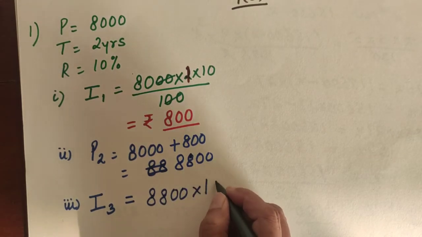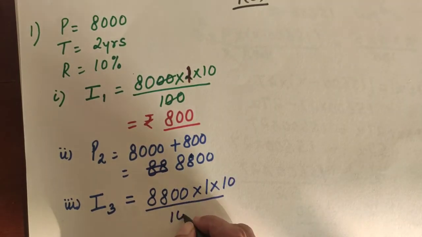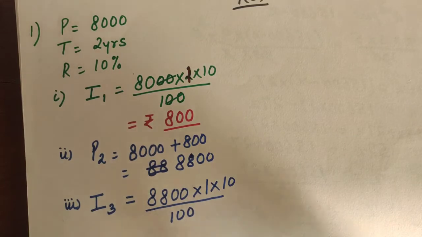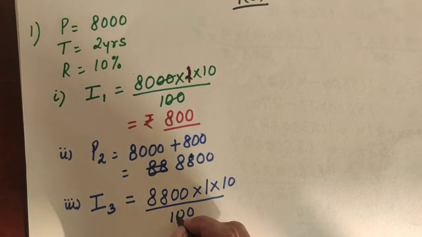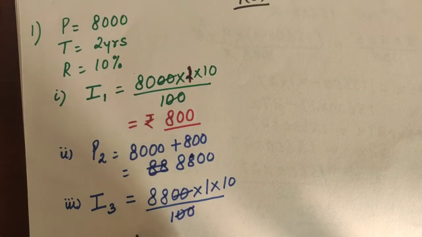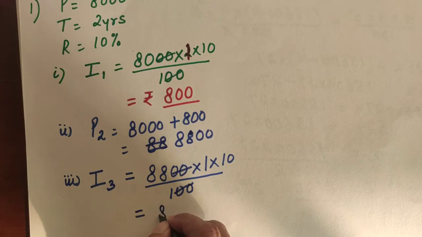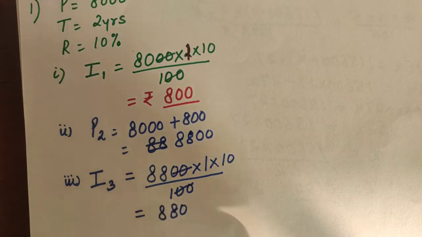Time you will take 1. Rate of interest does not change. It is 10 upon 100. So this becomes 880 rupees.